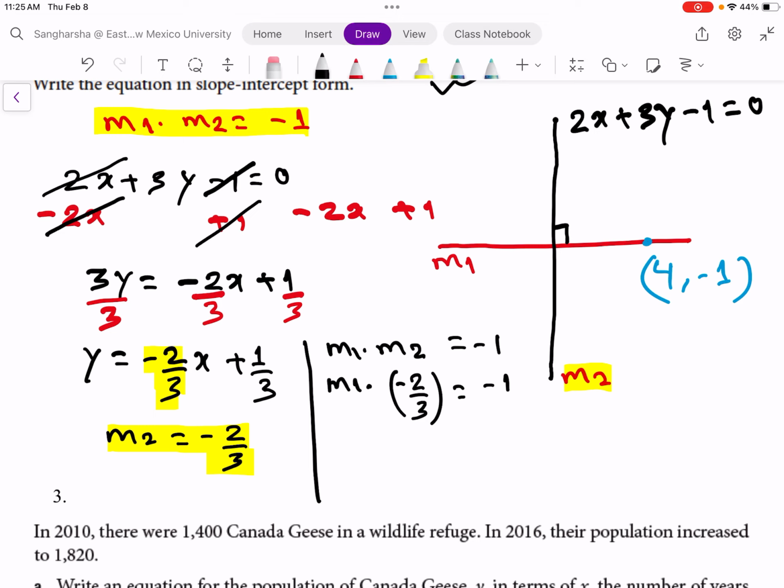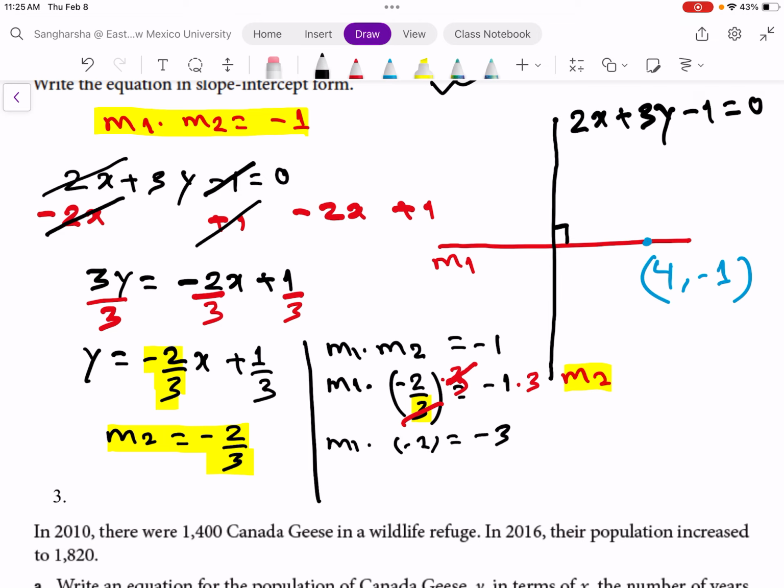How do we solve this equation for m1? At first we need to get rid of the denominator, so we multiply both sides by 3. The denominator and the numerator cancel, and we have m1 times negative 2 equals negative 3.